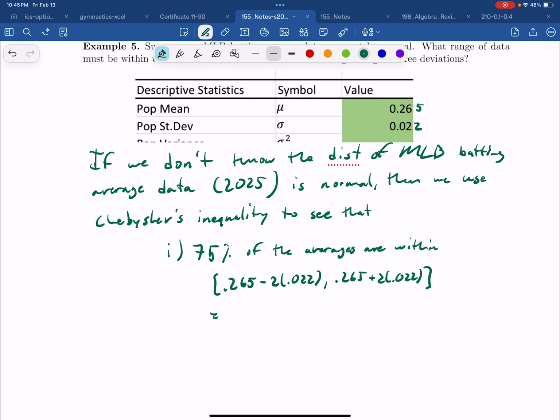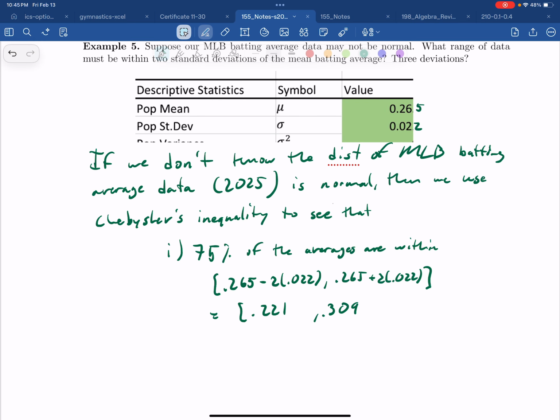Right, and then this really equals plus 44 and minus 44. I think this upper bound is going to be 309, and the lower bound is going to be 265 minus 44, which is 221. Okay. So we know that at least 75% of the averages are within this.